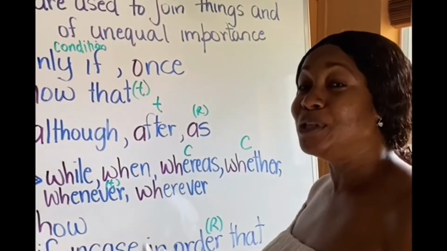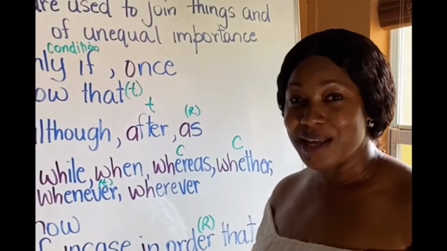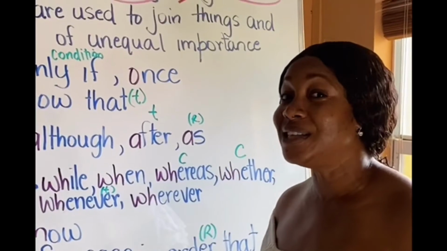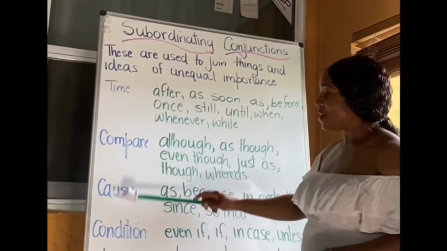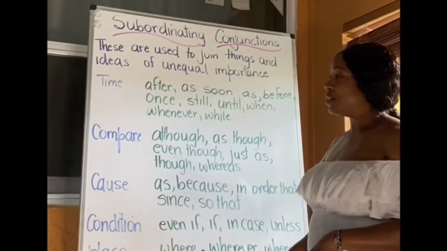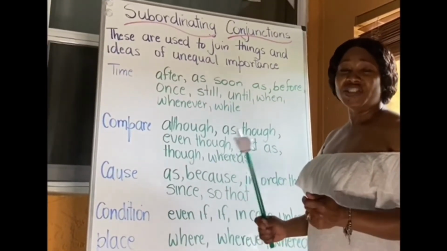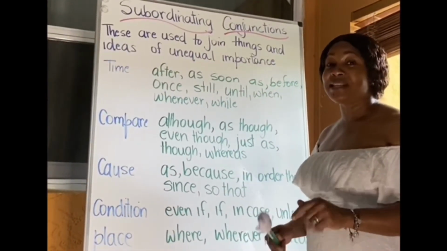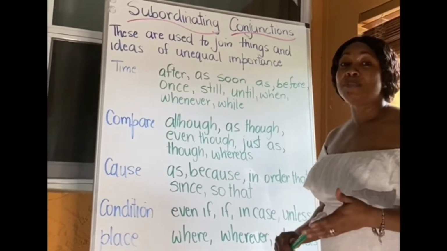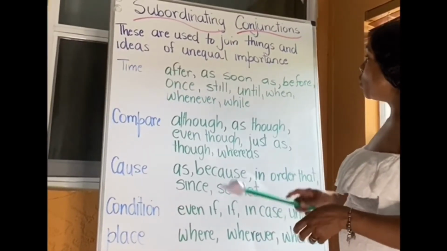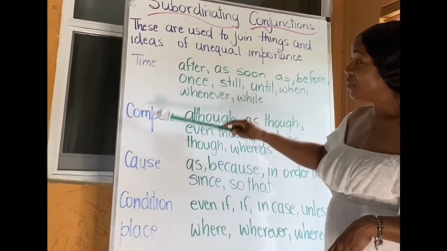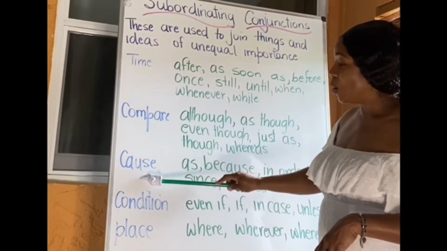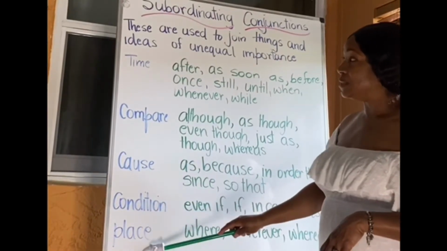Now, I'm going to show you another chart with just the conjunctions and their definitions. So here I created a table, or if you want to call it a chart, and remember you're free to take a screenshot and keep it for reference. On the left I have time, compare, cause, condition, and place.